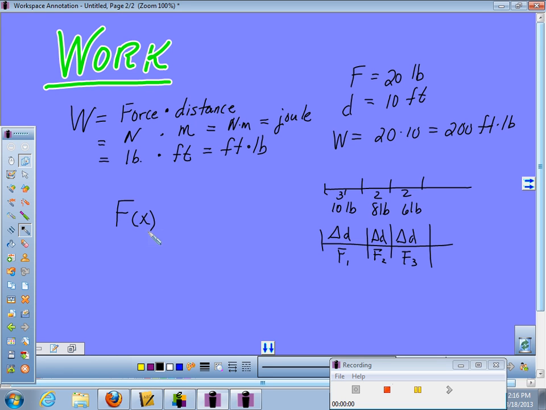What do we usually use when we're doing our integration problems to represent the change in something? Delta x becomes dx, the change in the distance. So dx actually represents our change in the distance. And if I want to sum up all these different little segments, what can I do to sum them all up?